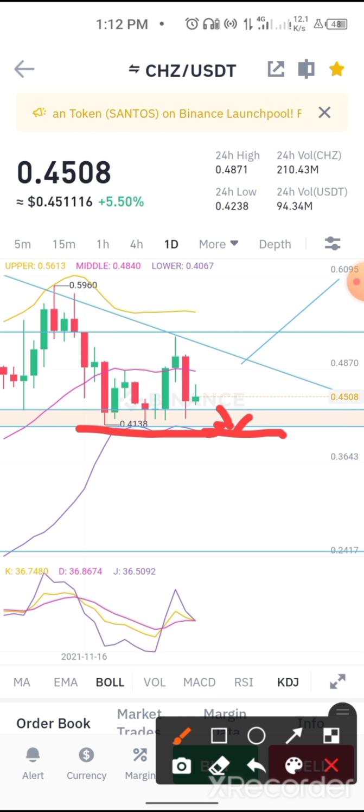And because I don't want to miss out, probably my analysis didn't really work out, and this thing might not really touch 0.41. It might just go ahead and start going up. So I'll just place a stop. Remember, there are two limit orders: we have a limit order and a stop limit.